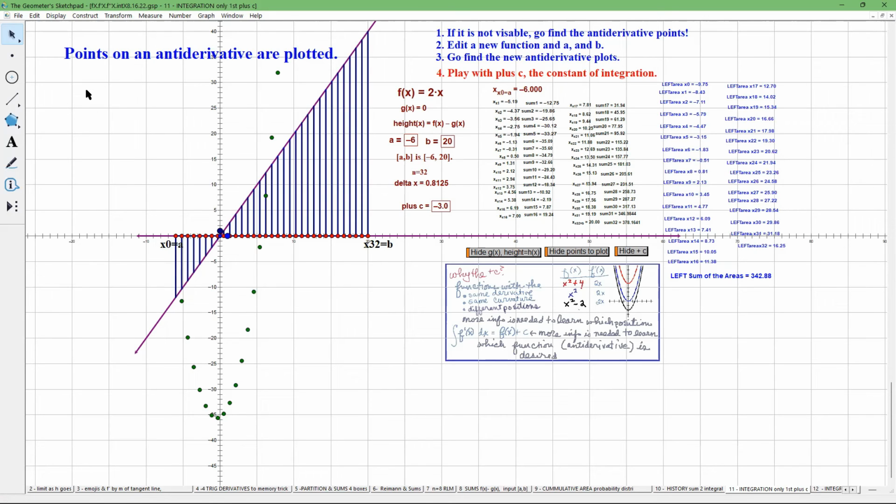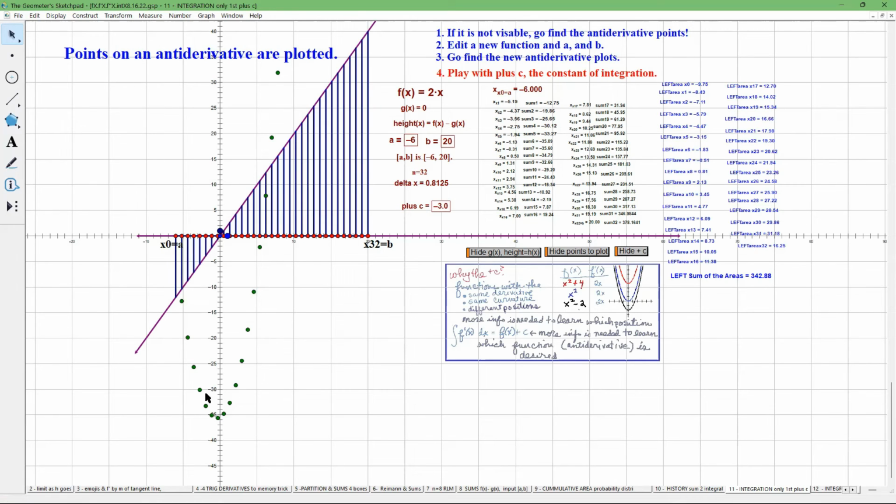I've plotted an antiderivative here. Here's a function, 2x, a linear function. Its antiderivative: x goes up 1 power, then you divide by the power to which you raised it, so you're going to get x squared.